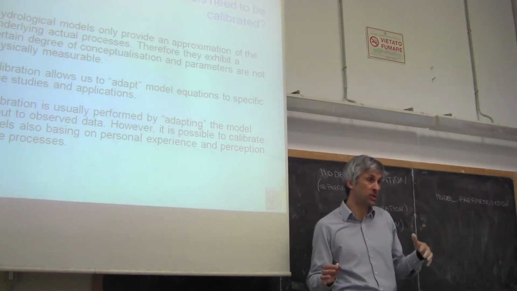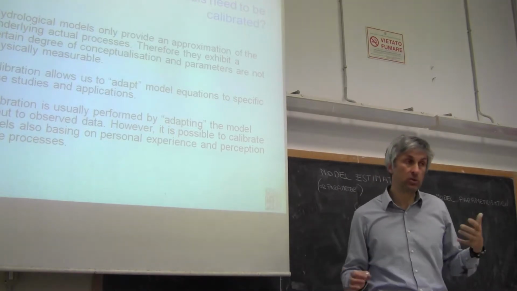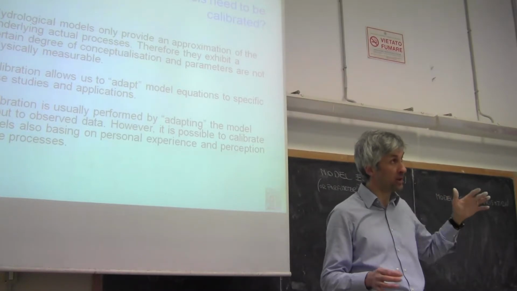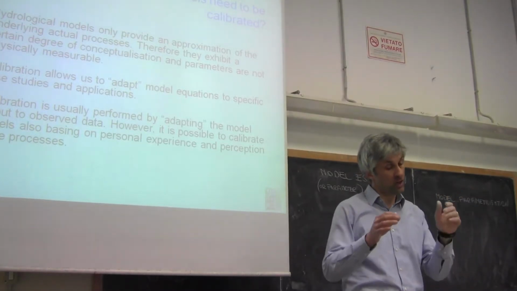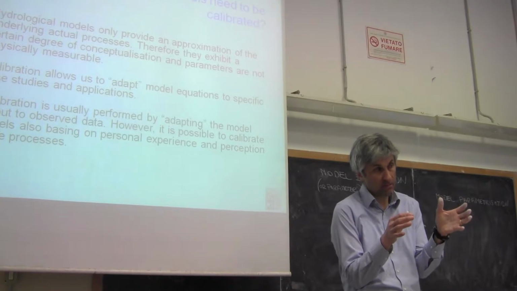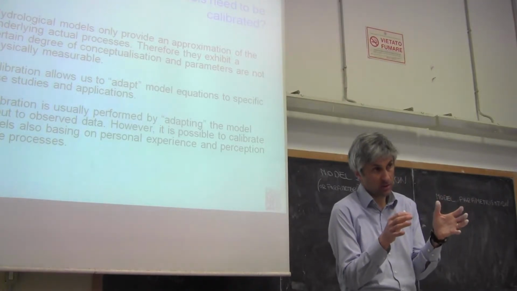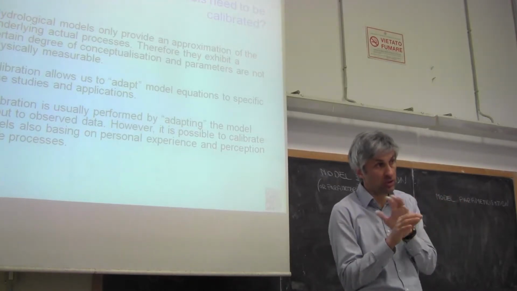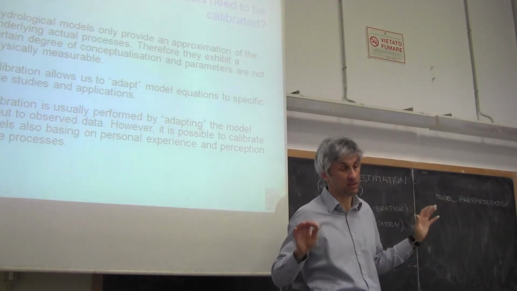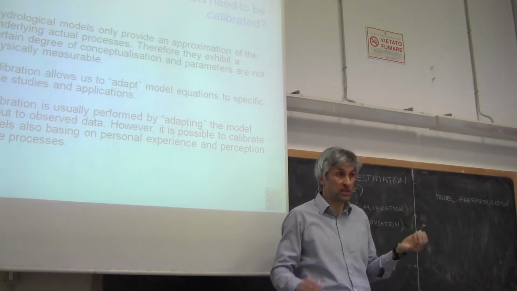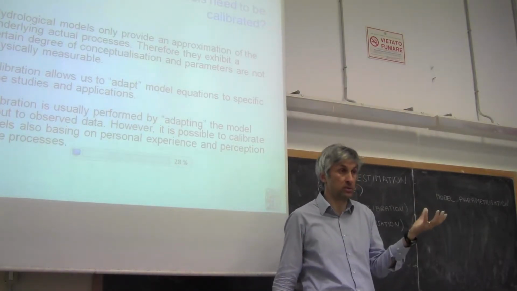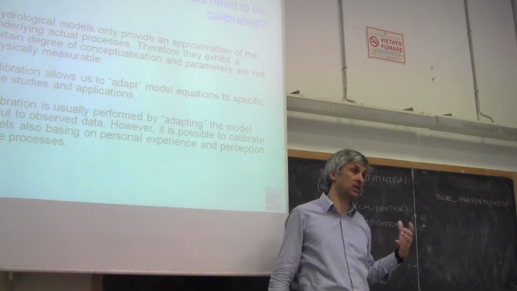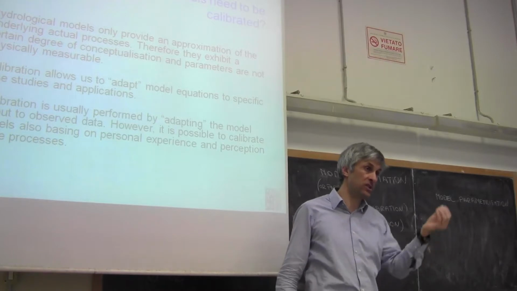In principle, in physically based models, we could avoid the use of parameters if we were able to write a perfect mathematical representation of the rainfall and runoff transformation. This perfect representation wouldn't include any parameter, because it would be just the application of physical principles, and therefore you don't see parameters in fully correct physical laws.